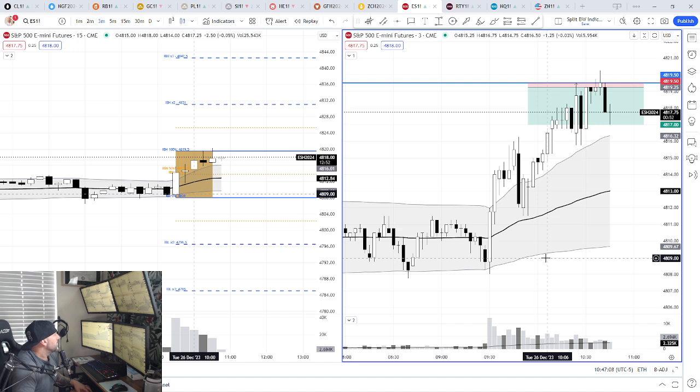We got a little bounce there, but sellers are still stepping in. Here we go.